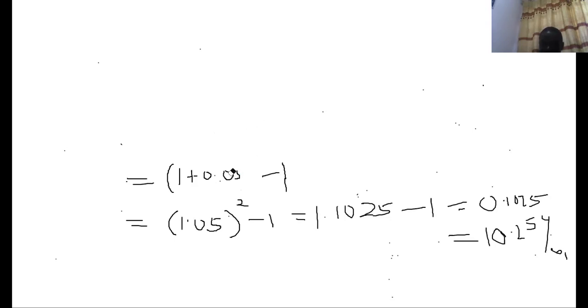Let me do an example here. Assuming the rate is 20% per annum, that is a nominal interest rate, and we are to find the future value of 10,000 cedis. But the rate is compounded quarterly.